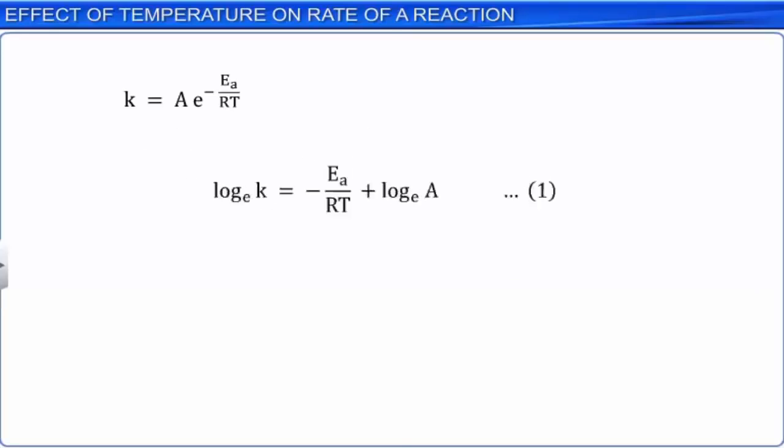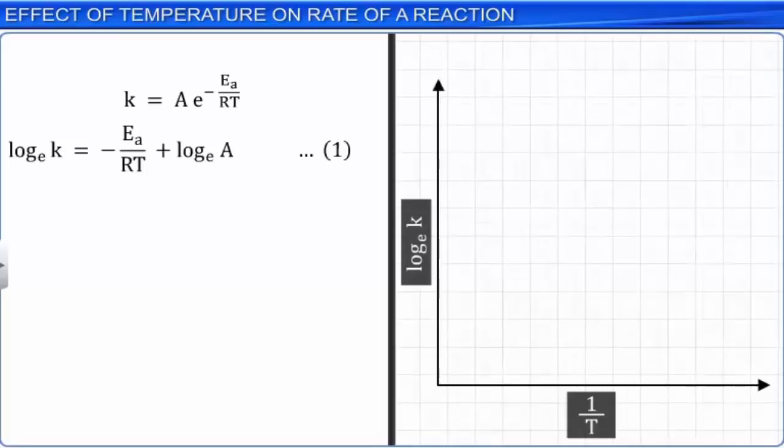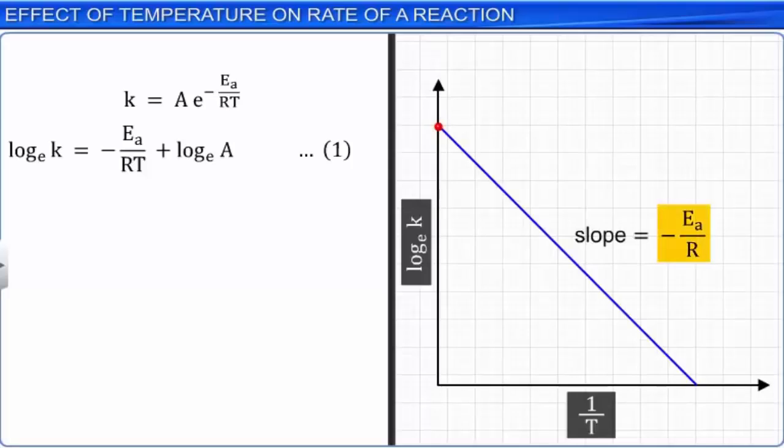If we plot log to the base e multiplied by k versus 1 by T on a graph, we get a straight line with slope minus Ea by R, and the y-intercept as log to the base e multiplied by A. From the graph, we can see that as the temperature increases, the rate constant increases exponentially, and the activation energy decreases.